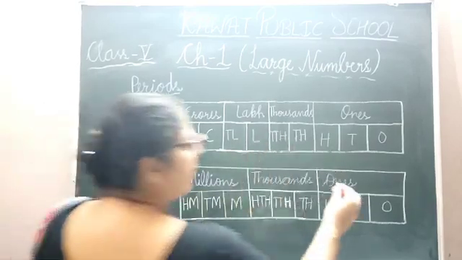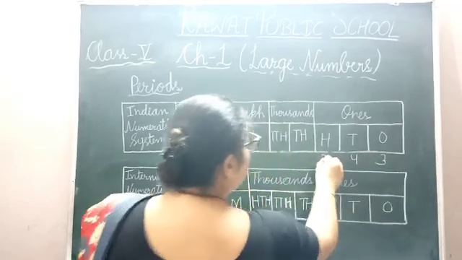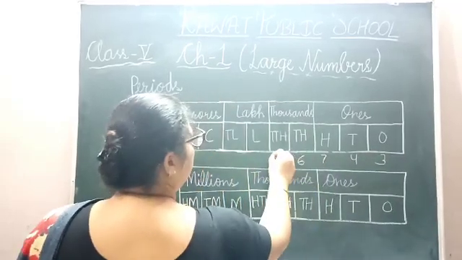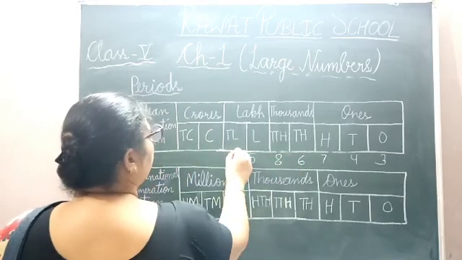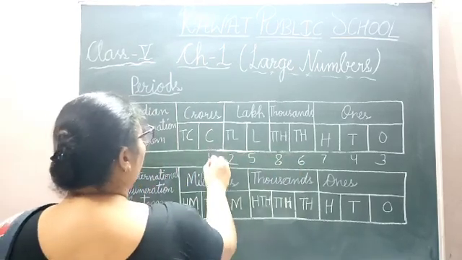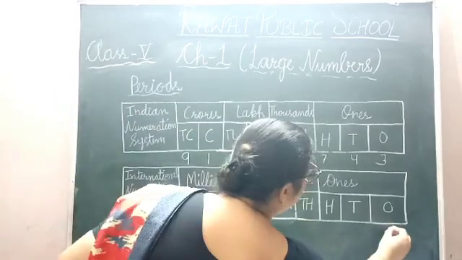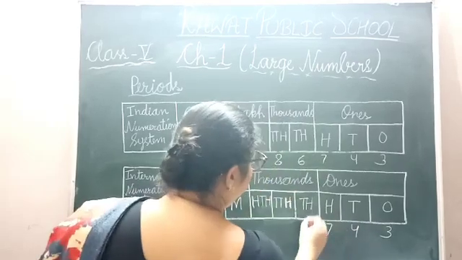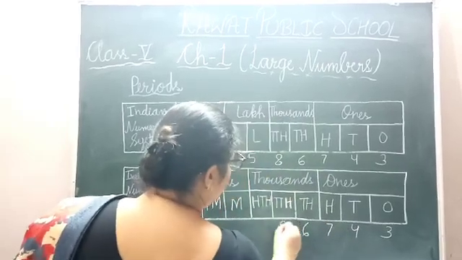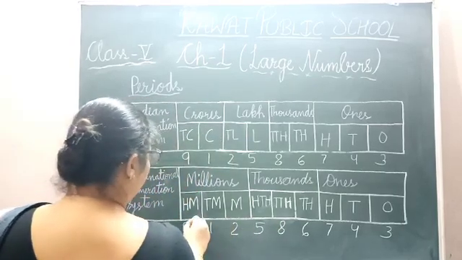Suppose we write the number here: 3, 4, 7, 6, 8, 5, 2, 1 and 9. And we also write it here: 3, 4, 7, 6, 8, then 5, 2, 1 and 9.